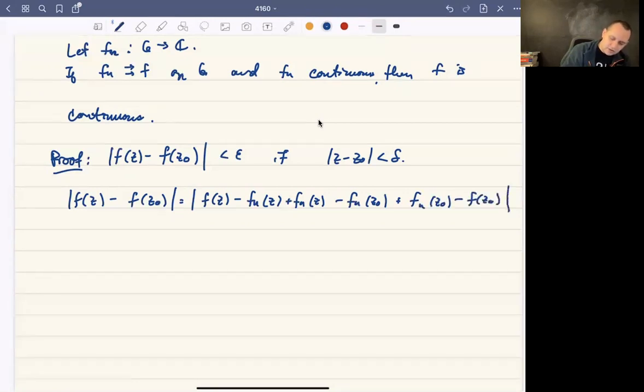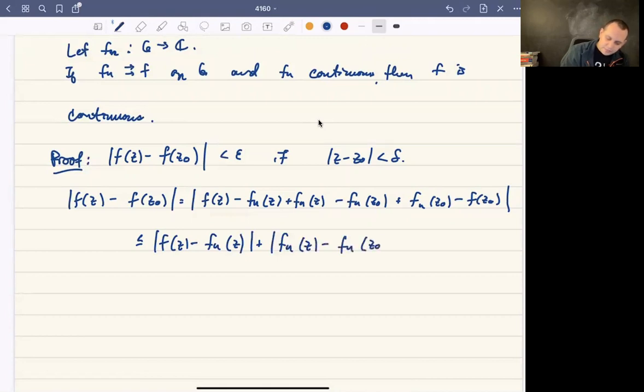That'll again be small. So this will be small, this will be small, and this will be small in modulus. If we apply the triangle inequality, we'll get that this is less than the modulus of the first two terms plus the next two terms, and then finally the last two terms.